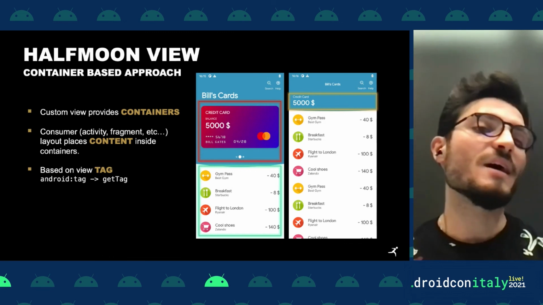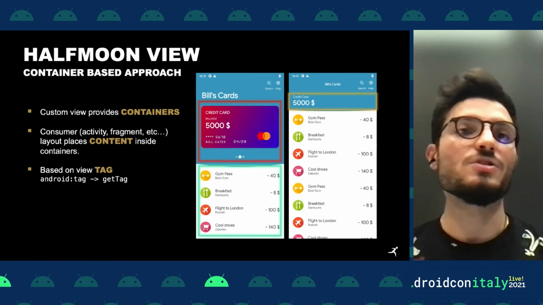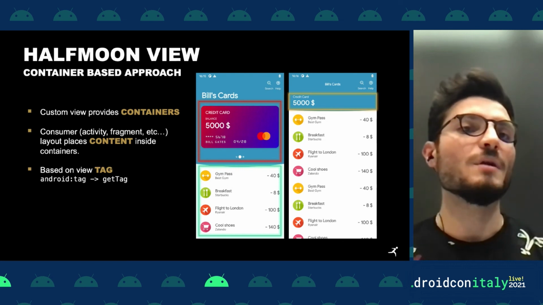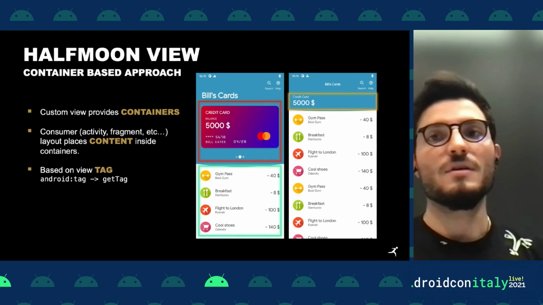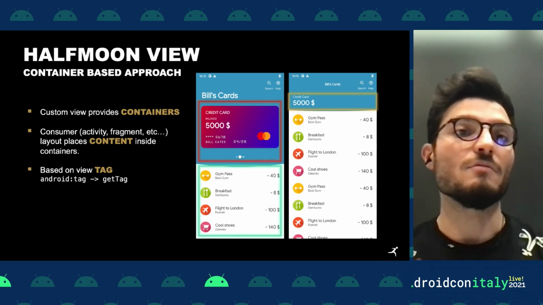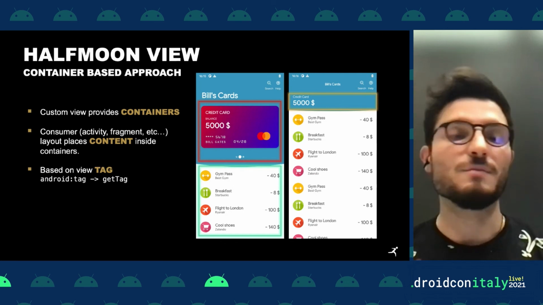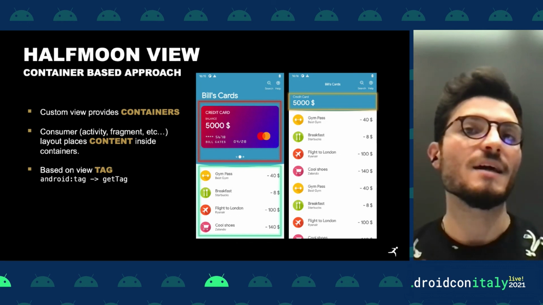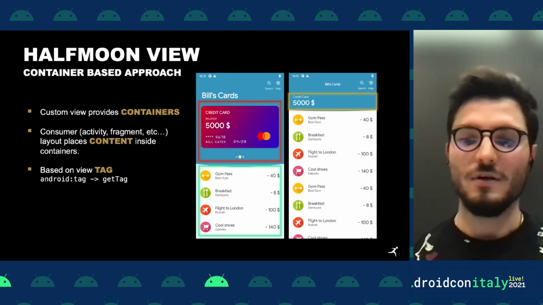And it's the element on which we can scroll to trigger our animation. From a code point of view, we implemented that with Android tags. So the user inside the HALFMOON view can set these views. They tag the view with a specific tag, and inside the HALFMOON view, we retrieve that tag and place that view inside the correct container.